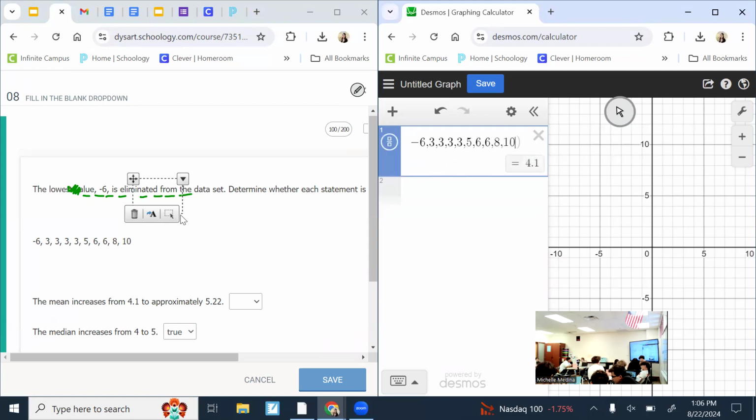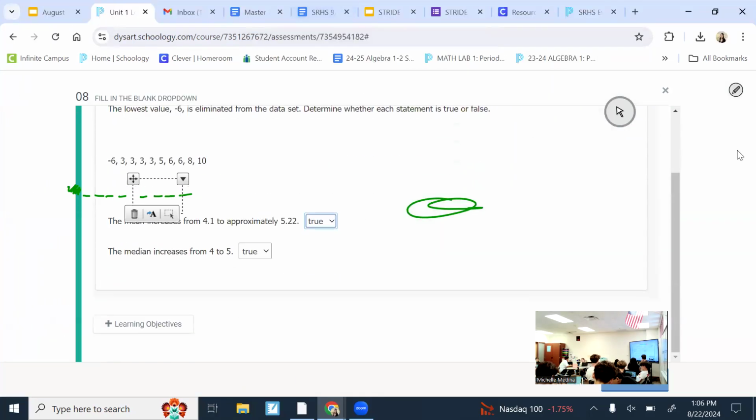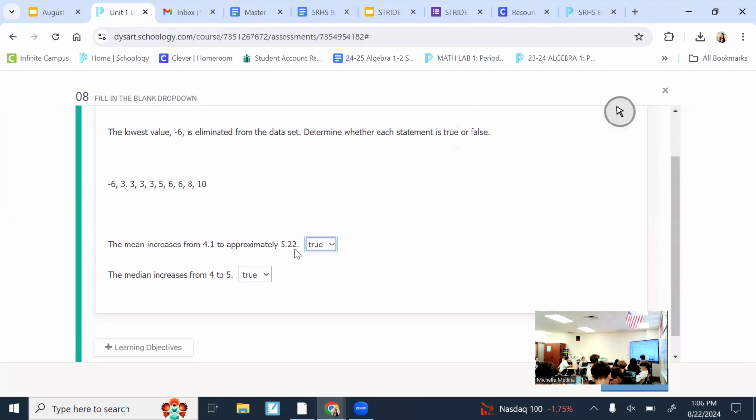Okay, so the mean before was 4.1, and then when I erase the -6, it is about 5.22, so that is also true. So while I know for sure it increased, I had to actually do the math to know if it increased to that. So pay attention to that too. Any questions on how to use the technology and things?